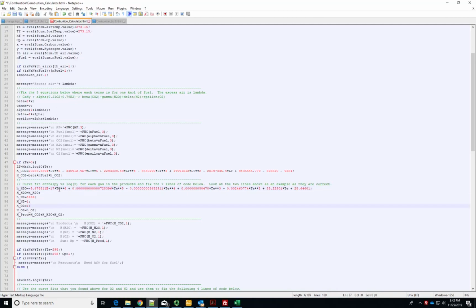And then the enthalpy, this is my enthalpy as a function of temperature, so I also want to know what the enthalpy of formation is, add that in, and then minus the temperature that that function gives us at the temperature that the enthalpy of formation was calculated at. So for H2O, the enthalpy of formation is negative 241,820.